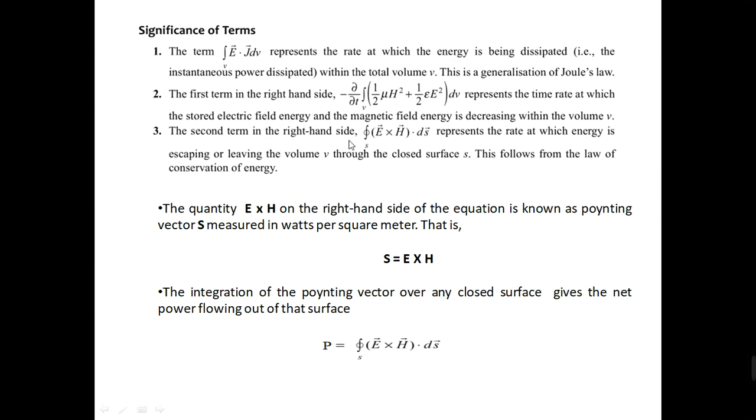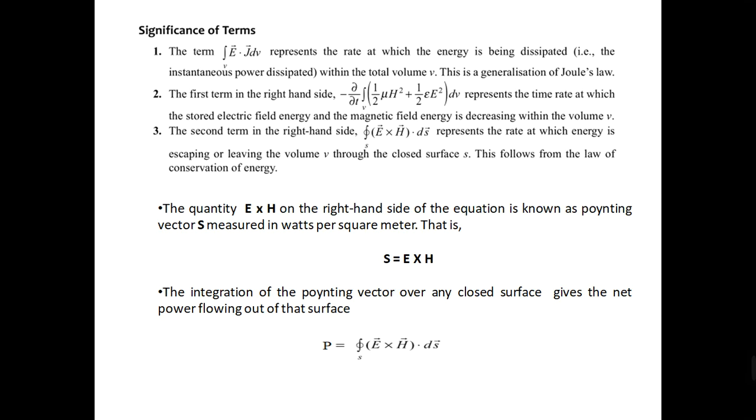And the second term on the right hand side indicates the rate at which energy is escaping or leaving the volume V through a closed surface S. If there is a negative sign here, it indicates that the power is entering the volume.